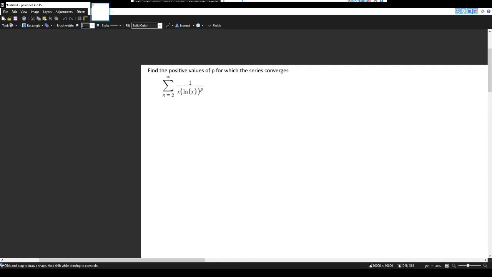Just for clarity, we've been working on the integral test for finding out if a series converges. So, we're going to use that here.